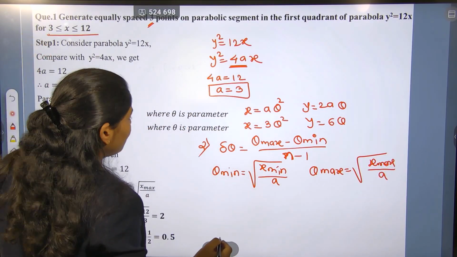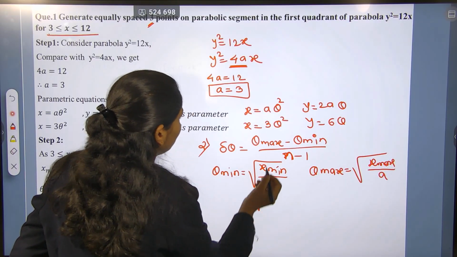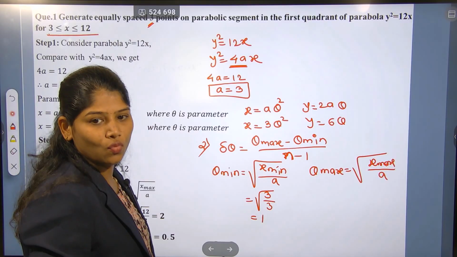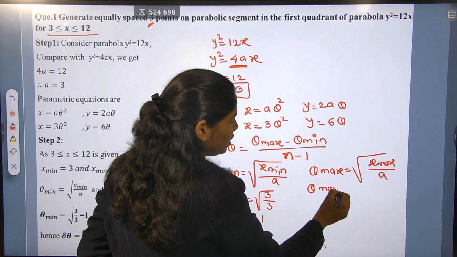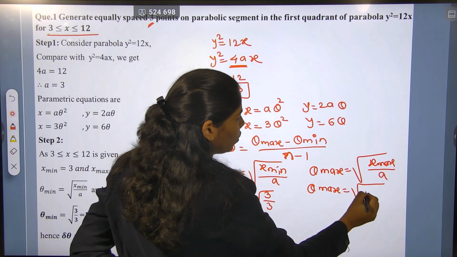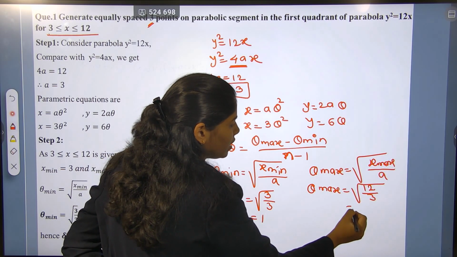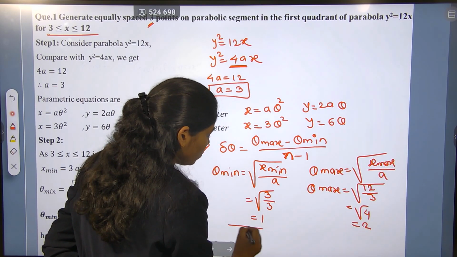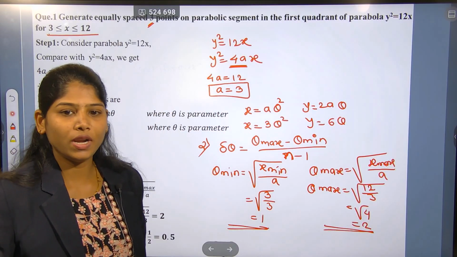We have x minimum 3, so write down here square root of 3 upon the value of a, which is 3. So we get here theta minimum as 1, and find out theta max. Theta max equals square root of x maximum value 12 upon value of a, which is 3. So we get here square root of 4, that is 2. So we found theta minimum and theta maximum. दोनों की वैल्यू मिल गई है.